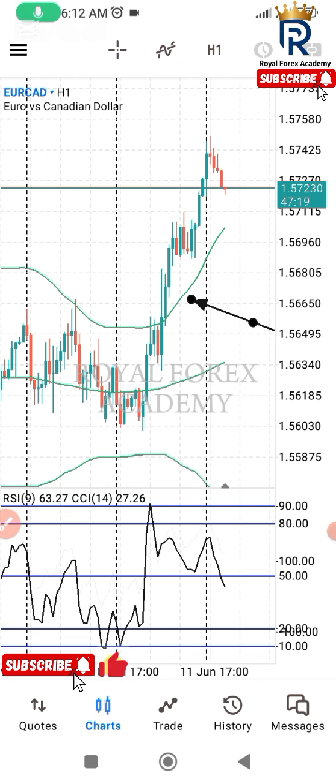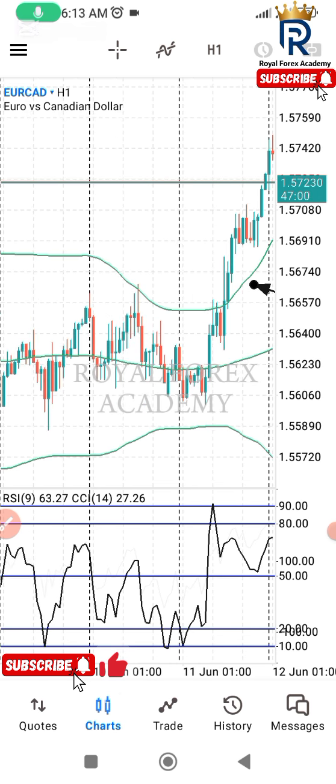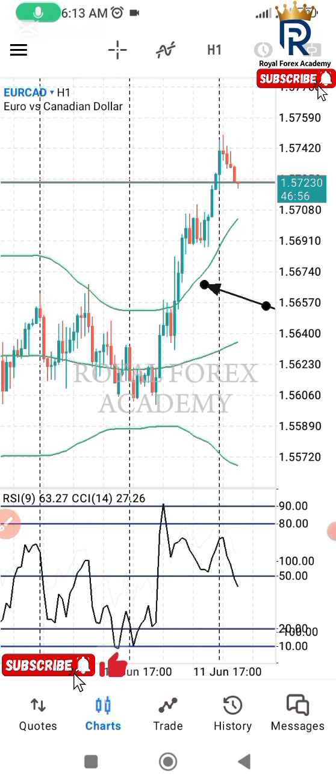Now how do we find our entry? Using this pin bar strategy, our entry will focus majorly on a candlestick formation, which is the pin bar candlestick formation. And I believe that based on the previous video, you have spent time to learn how to identify a proper pin bar scenario.